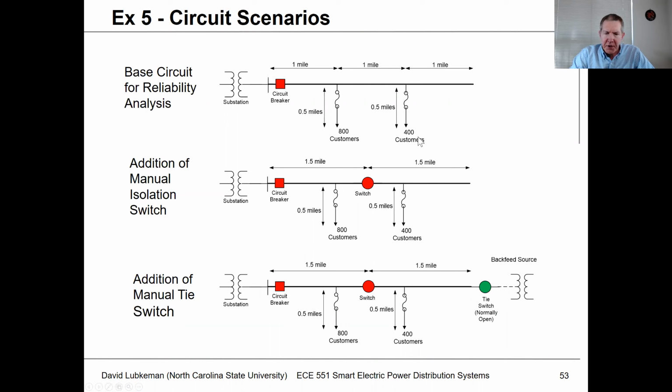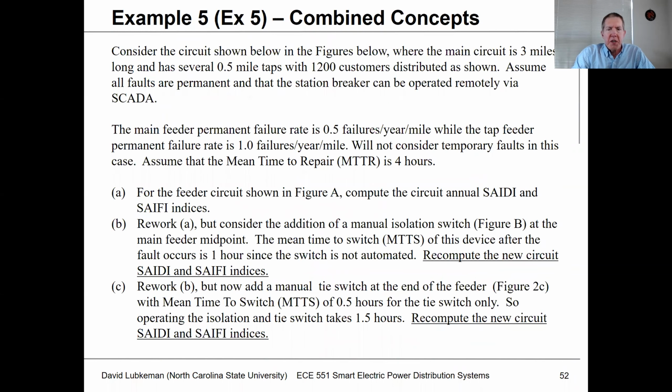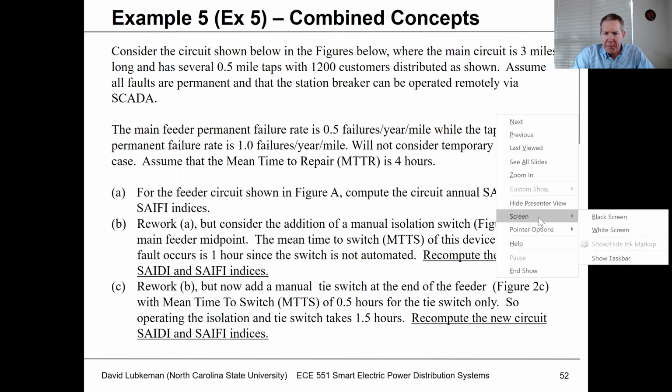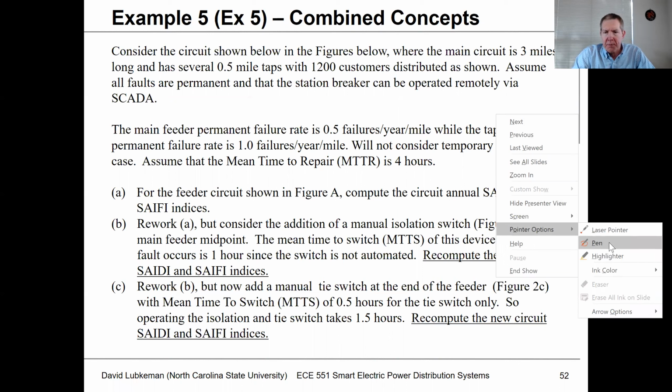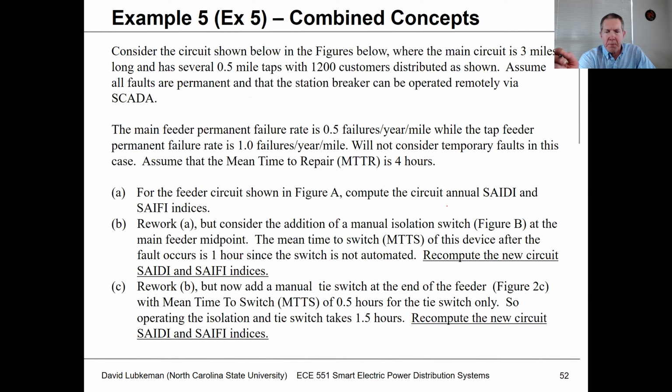And we're going to consider the addition of switches and see what the impact on reliability is going to be in this case. As far as the parameters, we've got a permanent failure rate of 0.5 failures per year per mile for the main feeder and 1 failure per year per mile for the taps or the laterals.